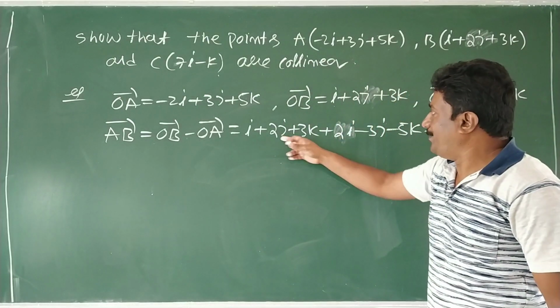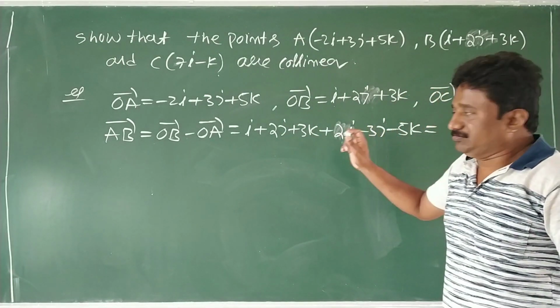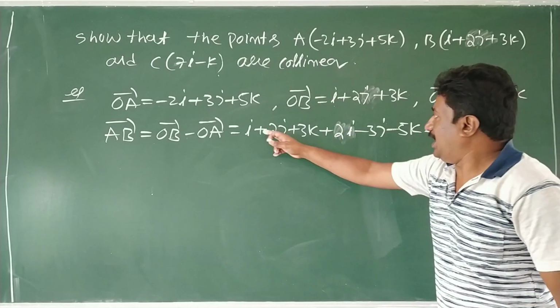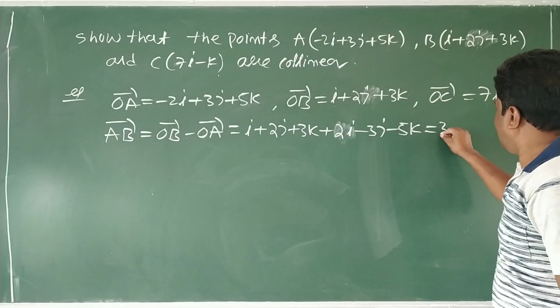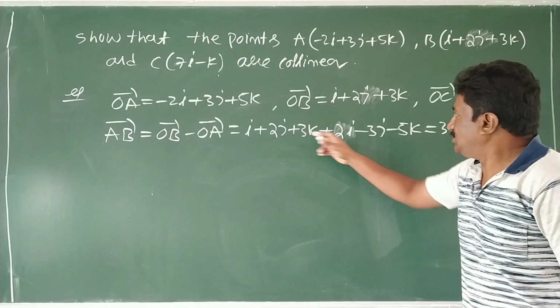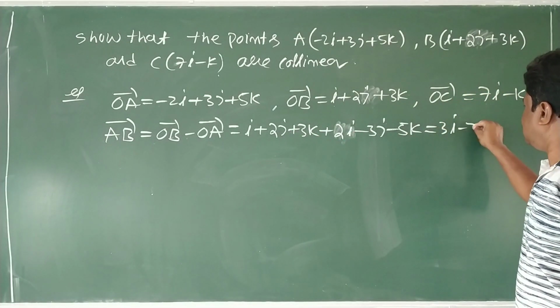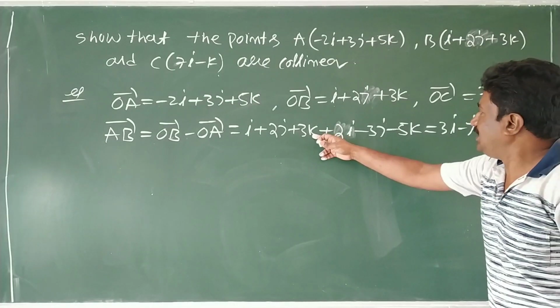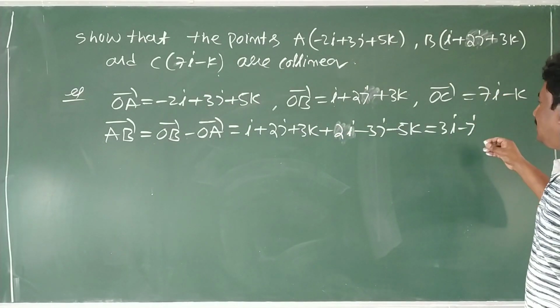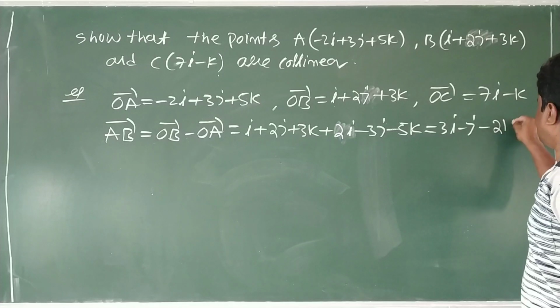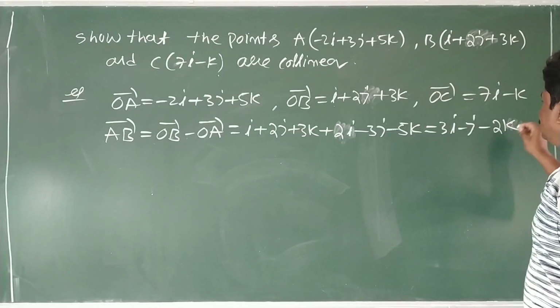Simplify: i plus 2i is 3i, 2j minus 3j is minus j, 3k minus 5k is minus 2k.